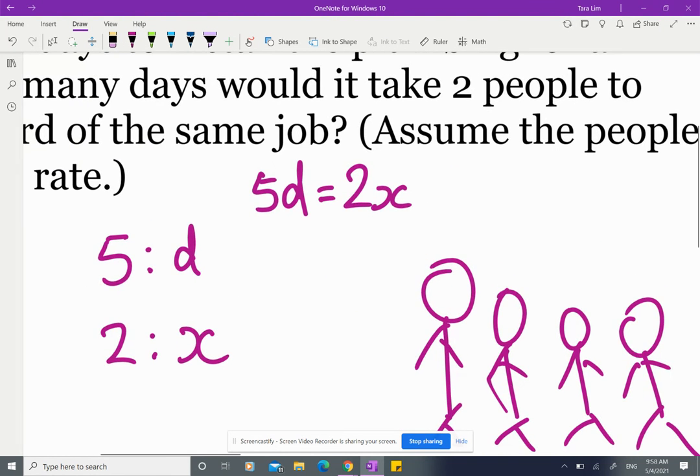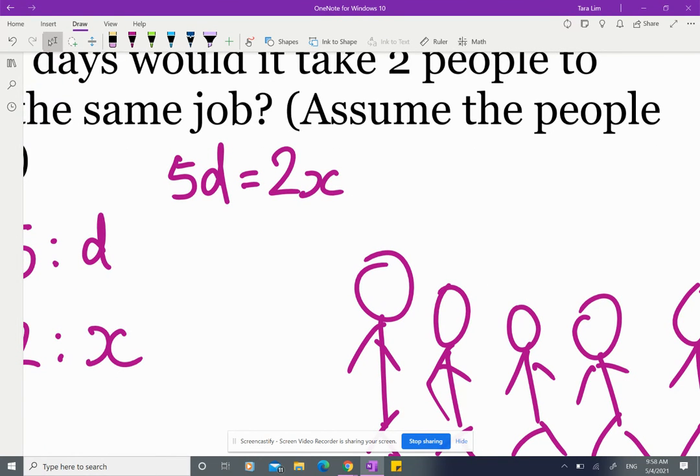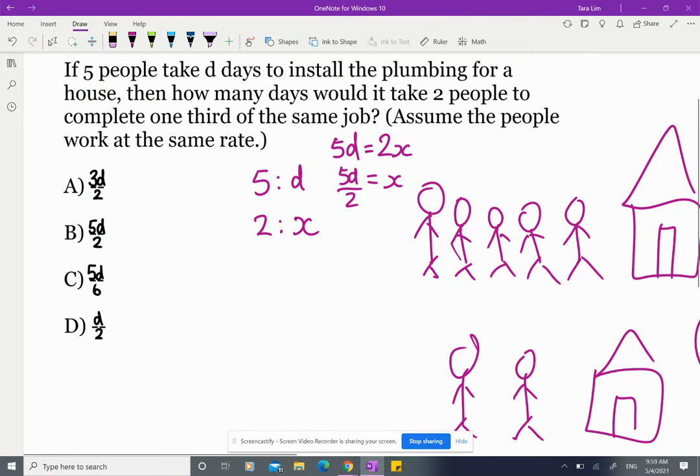So 5d equals 2x. First of all, we want to know what x is. So 5d over 2 gives us x, because 2 and x are multiplying each other, and we want to do the exact opposite.